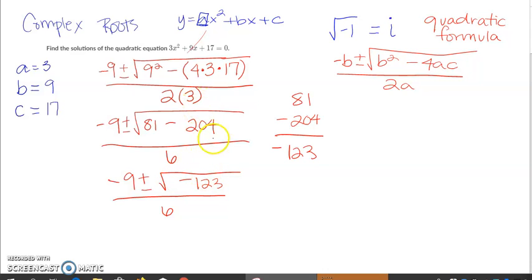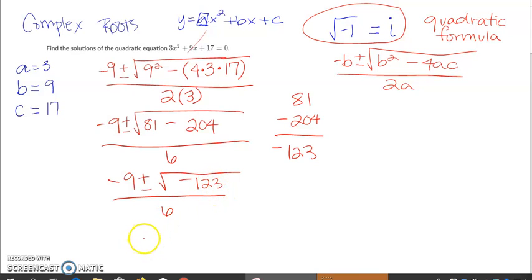When we go ahead and solve these, remember what I told you about this rule up here, that the square root of negative 1 is going to be i. So here, when we work on solving this, we're going to get an imaginary solution, and that's perfectly okay. That's what we kind of expect you to do.